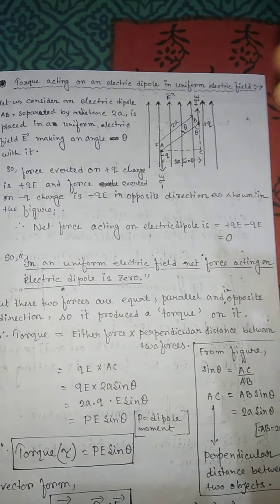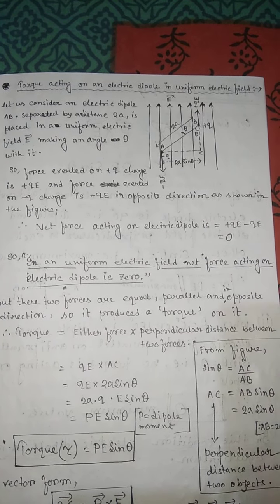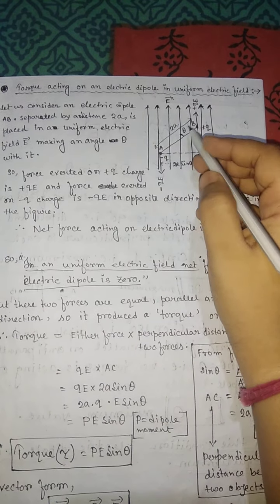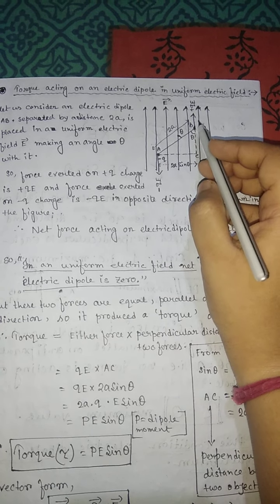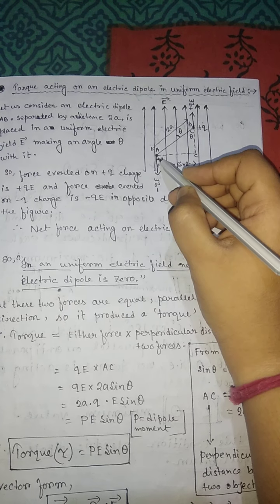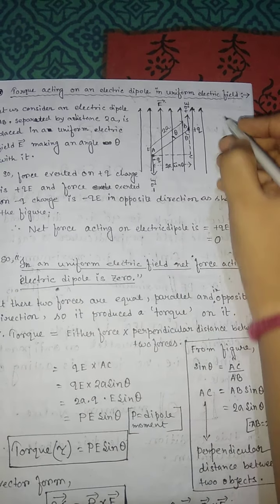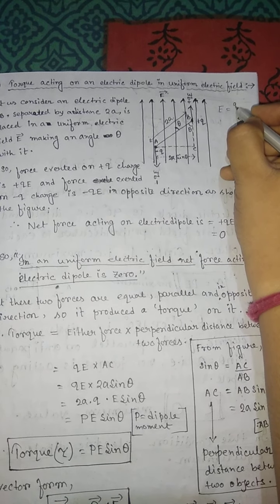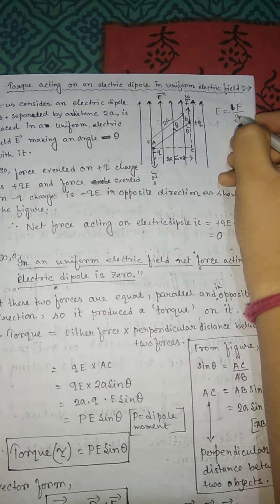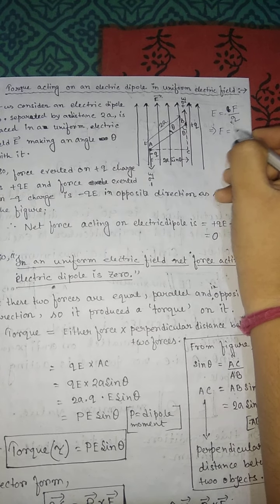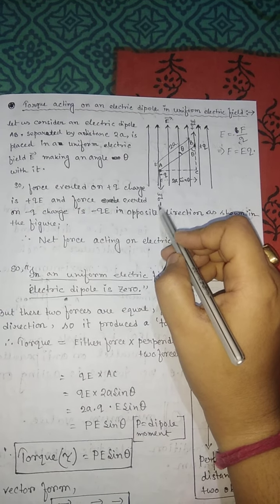Now, when a dipole is placed in a uniform electric field, a force is exerted on each charge, on minus Q at point A and plus Q at point B. So the force on the minus Q charge is opposite to the electric field, in this direction, that is minus QE, because we know E equals F by Q. So F equals E into Q.